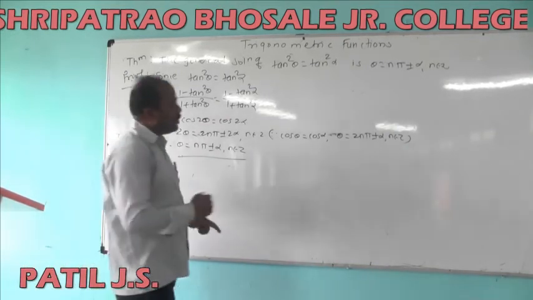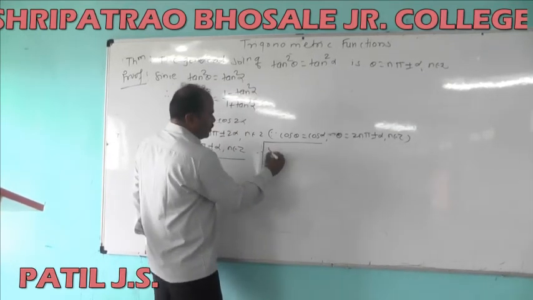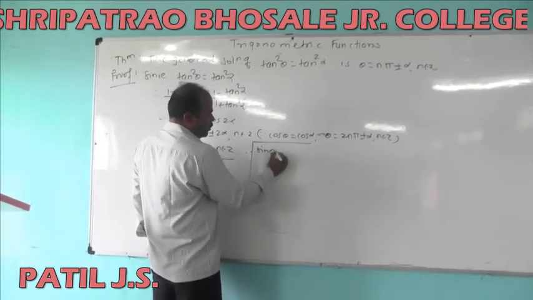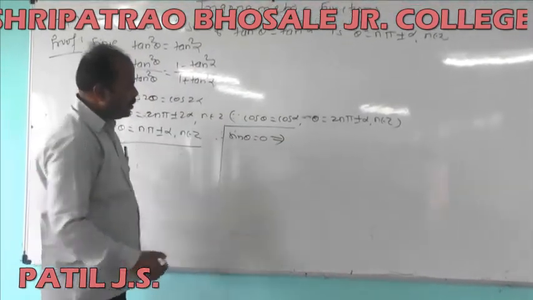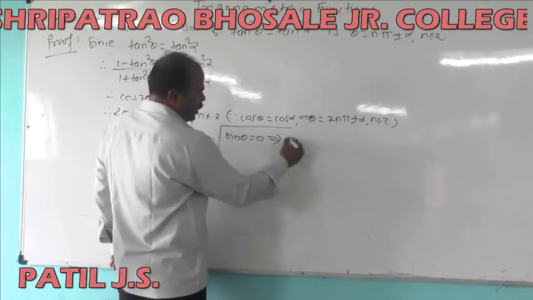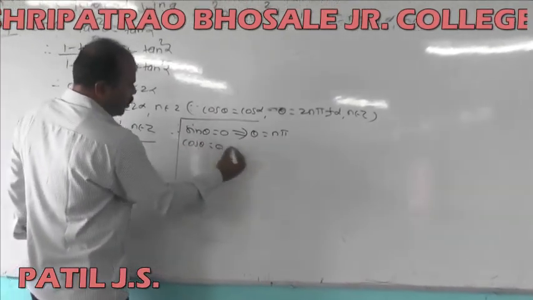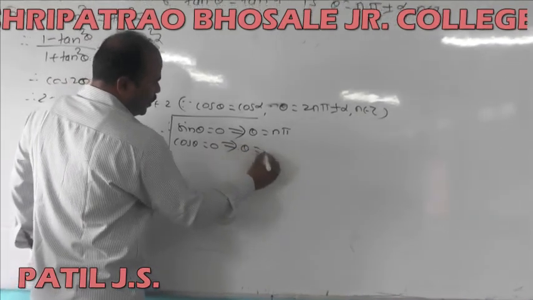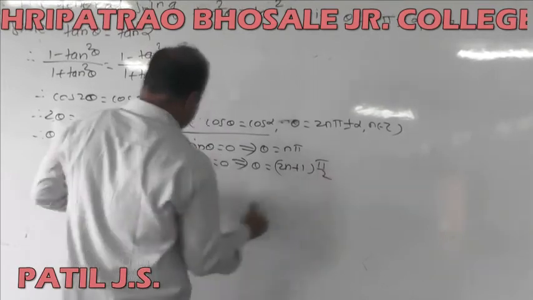In this lecture we discussed today the formulas. Sin theta is equal to 0 implies theta is equal to n pi. Cos theta is equal to 0 implies that theta is equal to (2n plus 1) pi by 2.